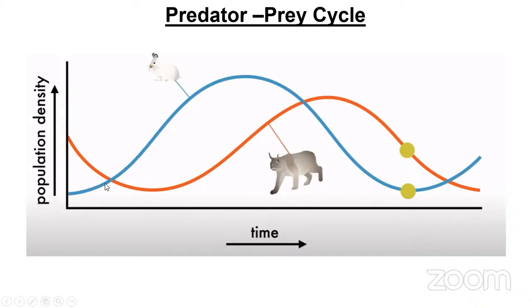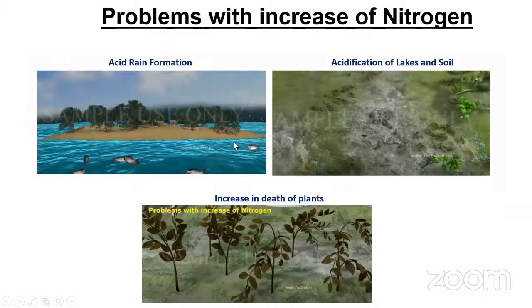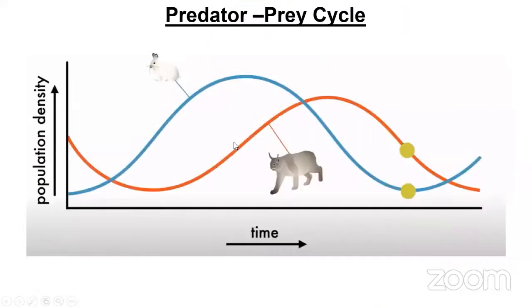Take the rabbit: when the number of prey or rabbits increases, the number of predators decreases. But once the prey number keeps increasing, a time will come when the predators also start to increase, because now there is more prey available in the environment, as a result of which the number of predators will also increase.